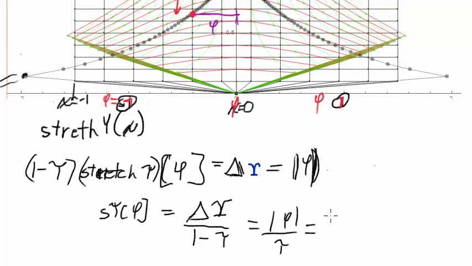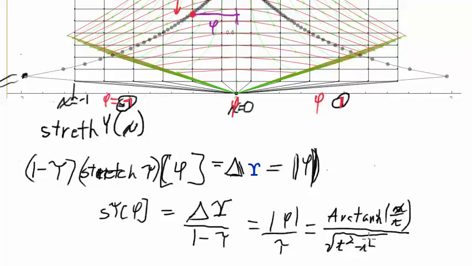The phi is arctan of, what was it, x over t? And I've got everything in different variables now, so this is kind of helpful. And the tau is the square root of t squared minus x squared.